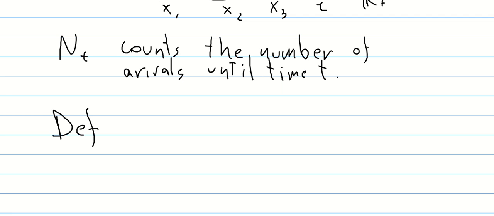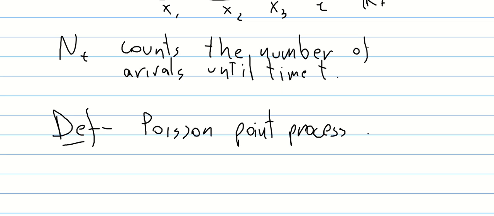So we want to define the process N that is coming from the motivation we did before. And we're going to call it the Poisson point process on R with rate lambda.